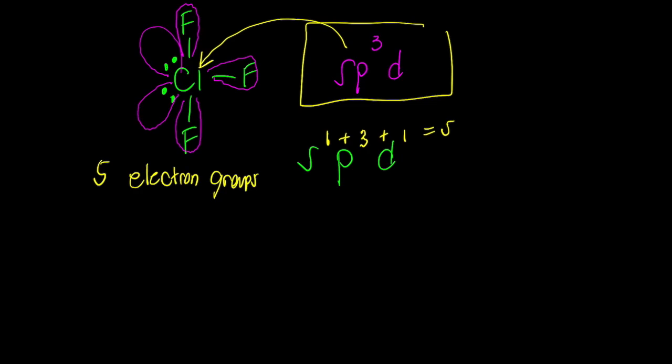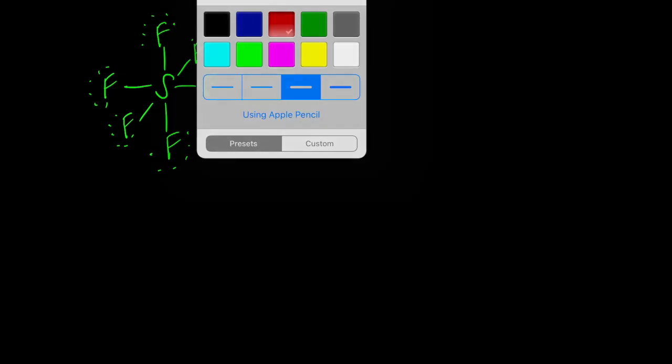How about an octahedral one? We've got SF6, which I believe was drawn there in the book. SF6 looks like this, if I slap it together quick. Okay, we count electron groups again.